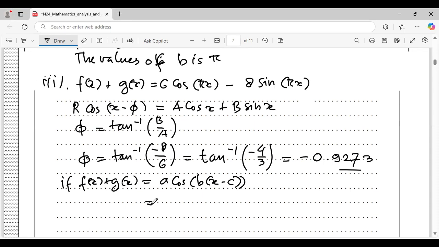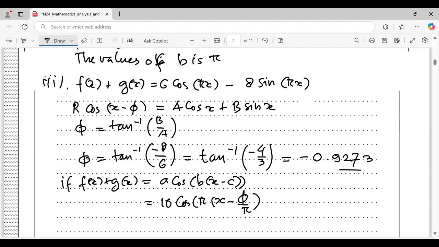It becomes 10 cosine(pi x minus c), where c is phi over pi.